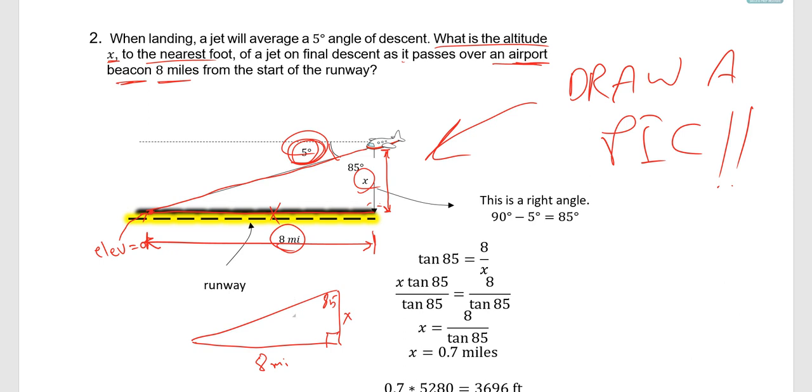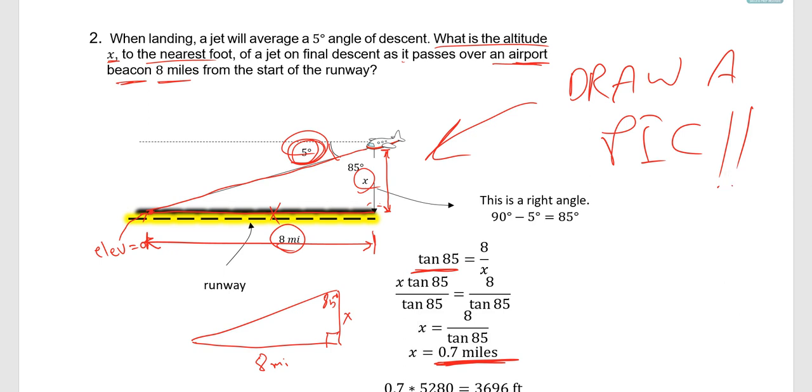We have the angle, 85 degrees, the adjacent side and the opposite side. We do not have the hypotenuse, so we want to use the tangent. Tangent of 85 is opposite, which is 8 miles, over adjacent, which is x. Solving for x, we get x equals 8 over tangent 85, which is 0.7 miles.